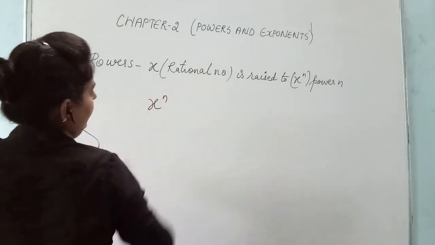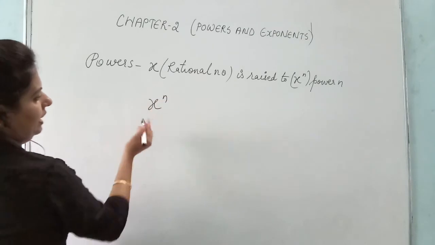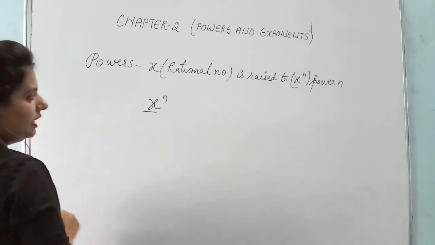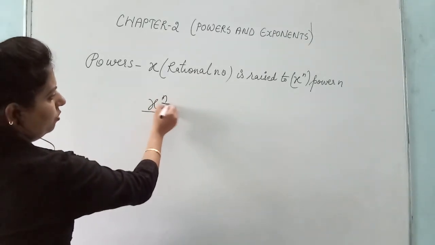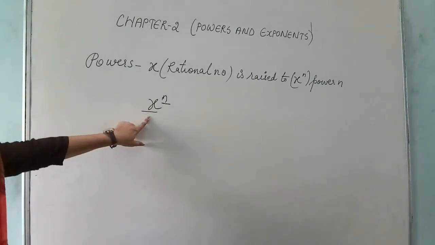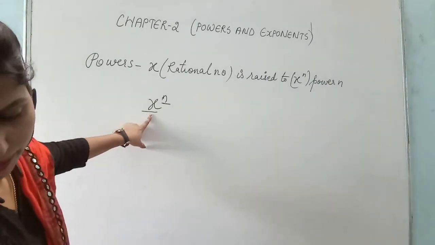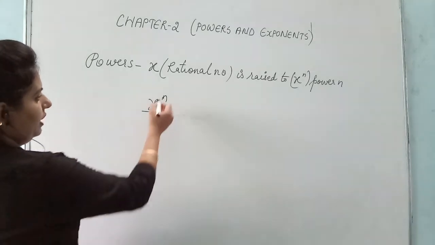X raised to the power n is denoted by x^n. Here x is the base, n is known as the exponent of power, exponent of base x. It is also known as index.